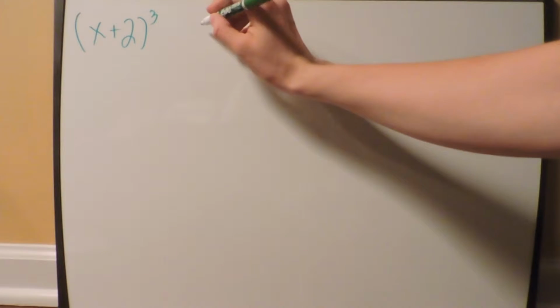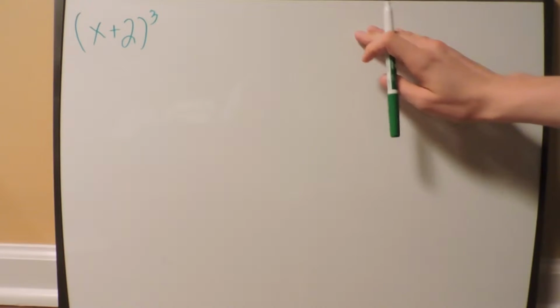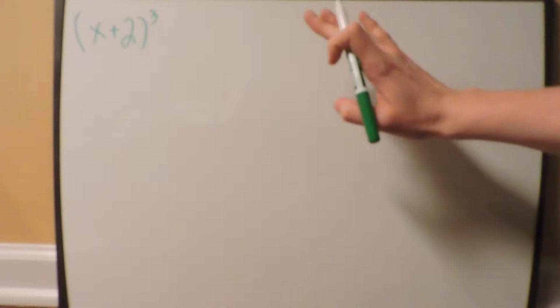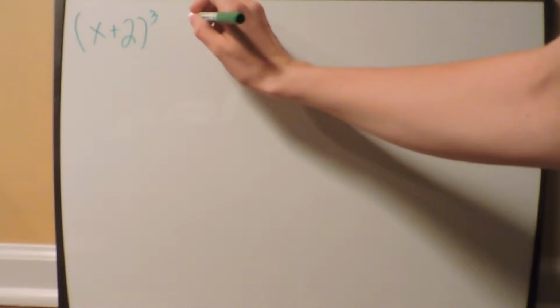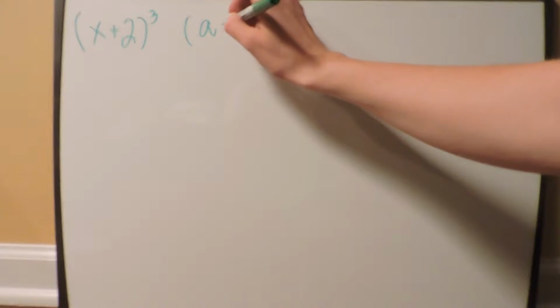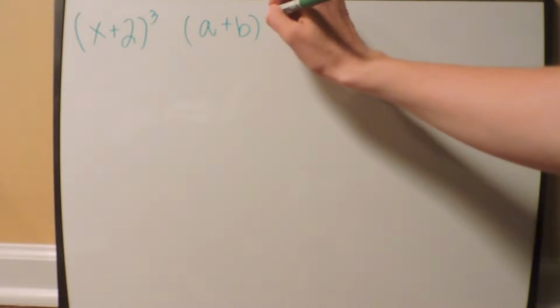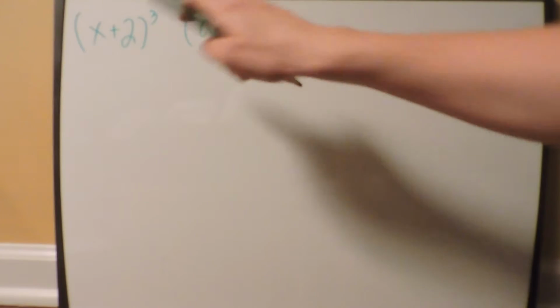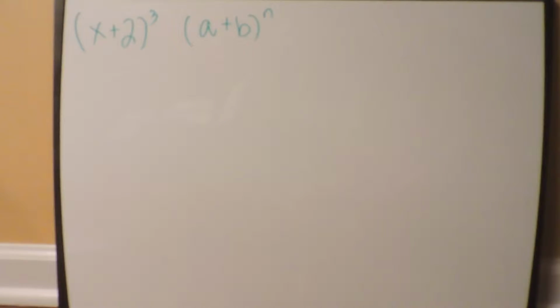So let's get familiar with how you're going to be seeing this displayed in your book so it doesn't look overwhelming when you're looking at it by yourself. A lot of times we'll refer to the first term as a plus b to the nth power, right? Does that look familiar?